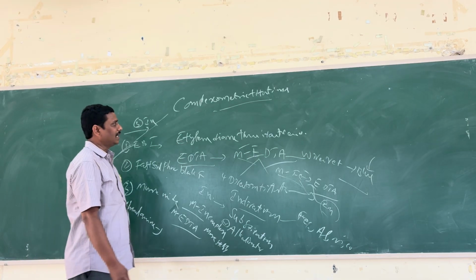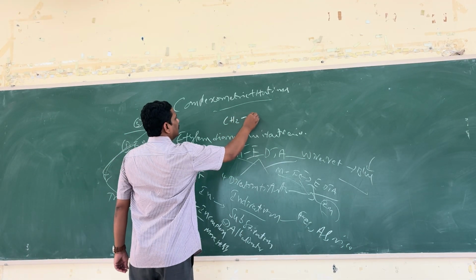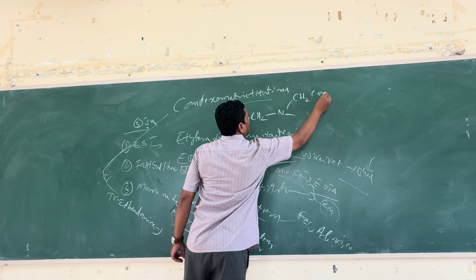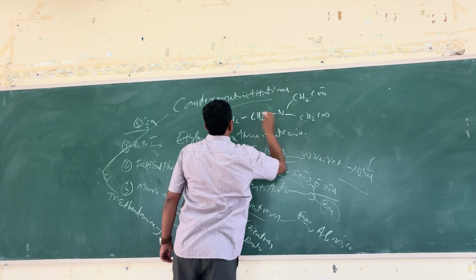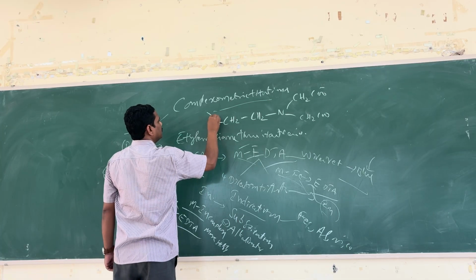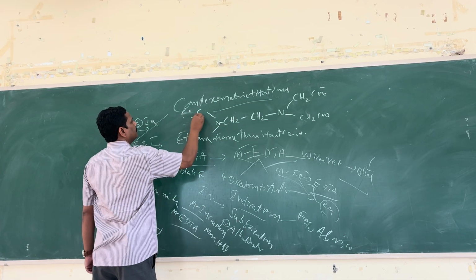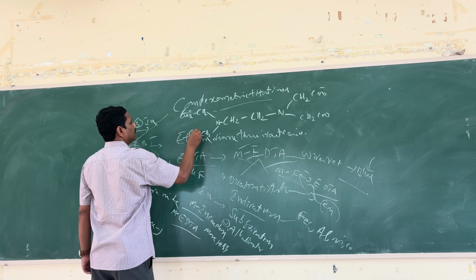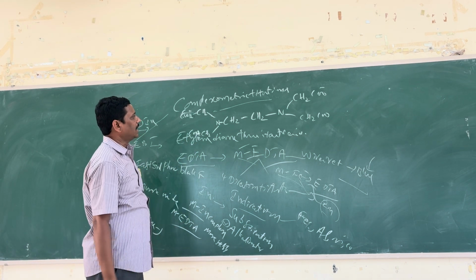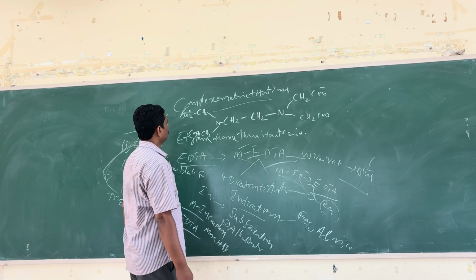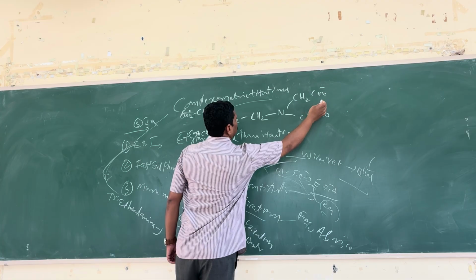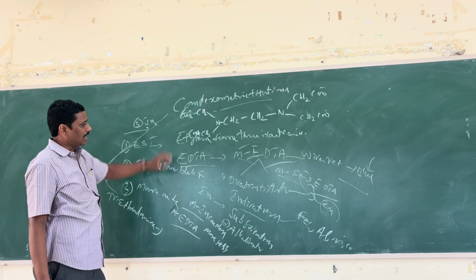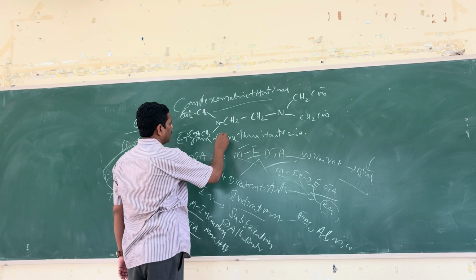This EDTA interacts with that particular metal ion. At the formation of metal EDTA, hydrogen ions are liberated.